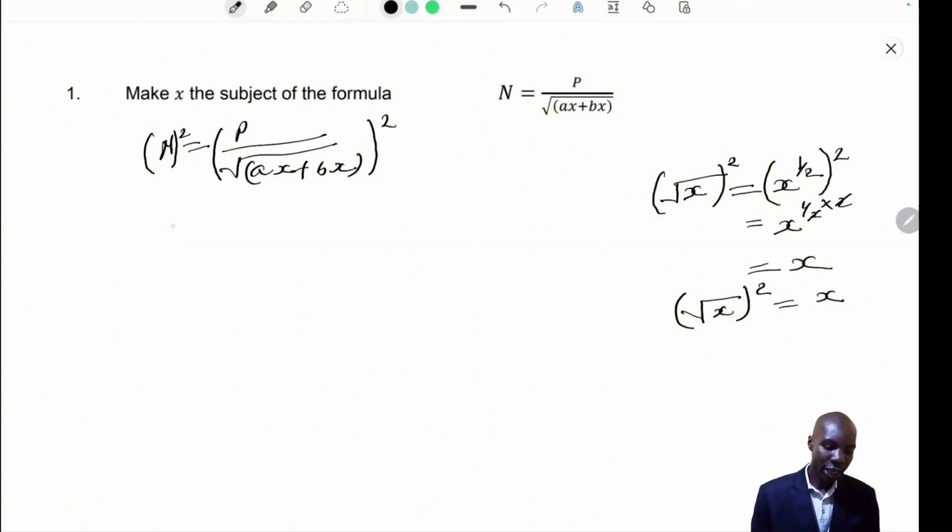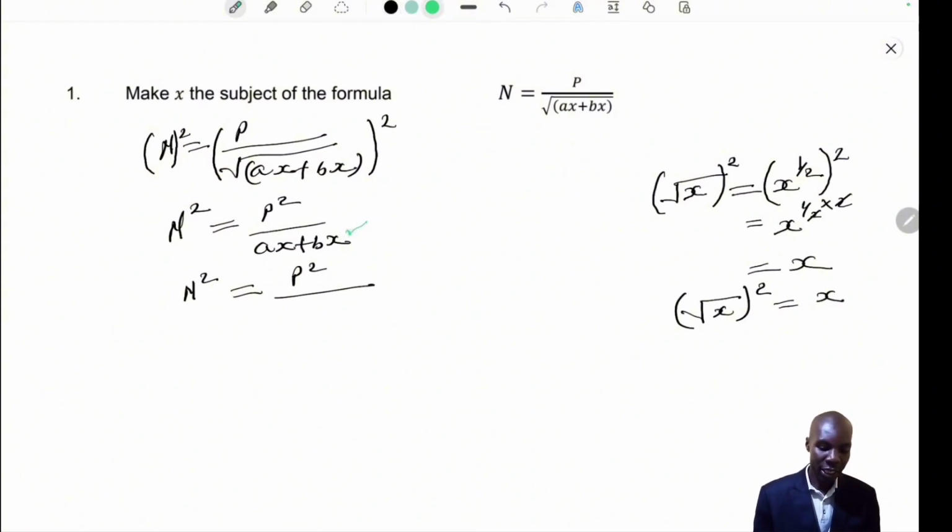So in this case, we want to do away with the square root in the denominator. On the left-hand side, we are going to have n squared, giving us p squared over ax plus bx. So we've done away with the square root. So n squared should be equal to p squared over a common factor here.